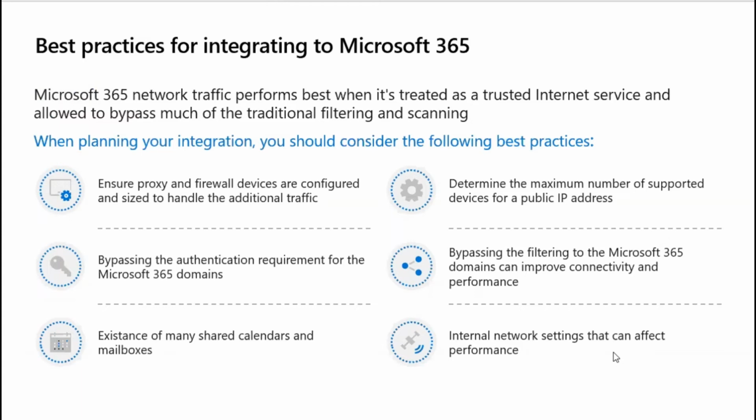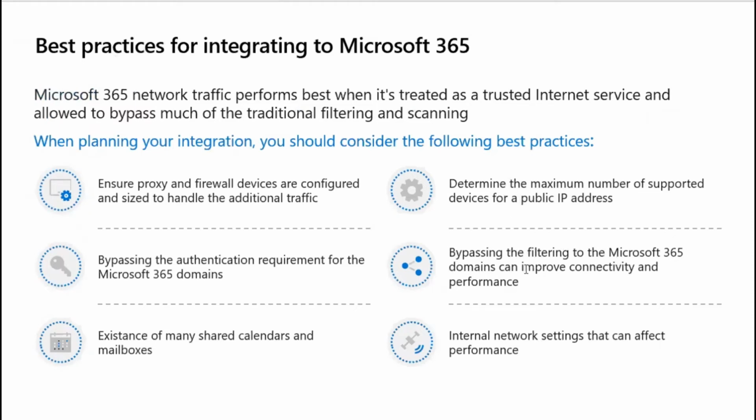Ensure proxy and firewall devices are configured and sized to handle the additional traffic. Yes, bypassing authentication, these are best practices. Bypassing the authentication requirement for the Microsoft 365 domains. Existence of many shared calendars and mailboxes. Determine the maximum number of supported devices for a public IP address.